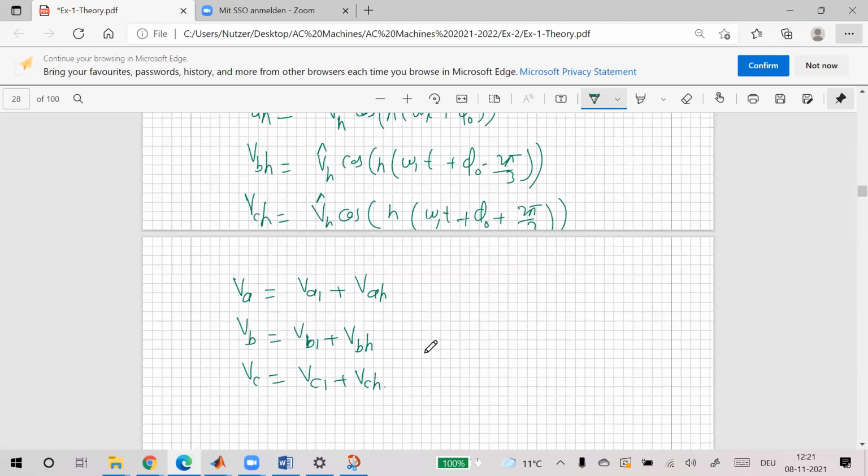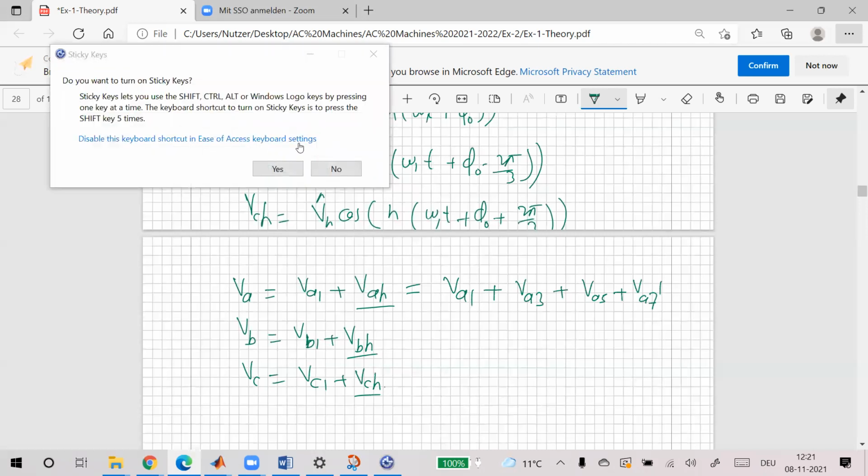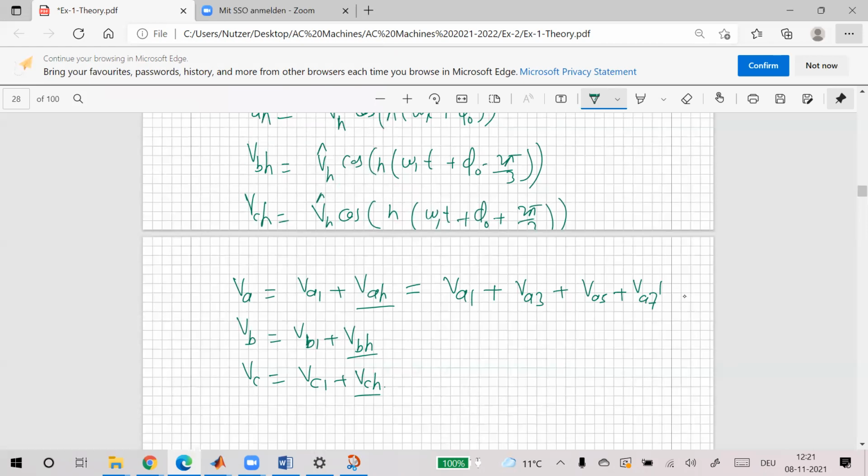And so this is one way you can do it. So here I have just written one harmonic, but it can be many harmonics also, not just one. For example, VA1 plus VA3, you have third order harmonics, you have fifth order harmonics, you have seventh order harmonics, and then and so on.